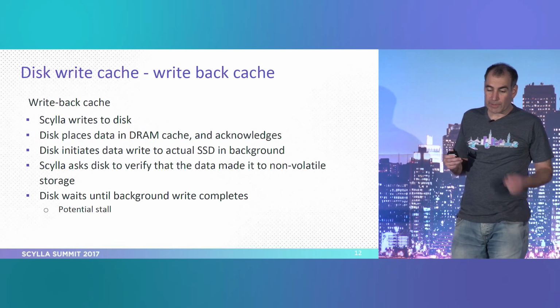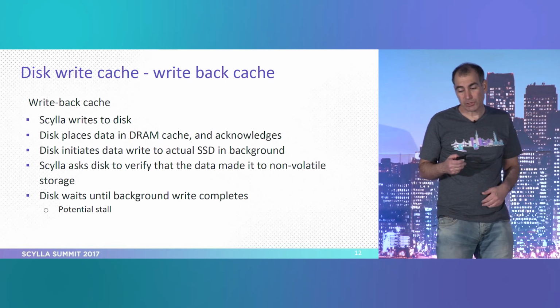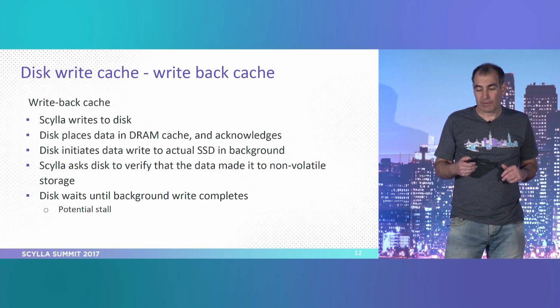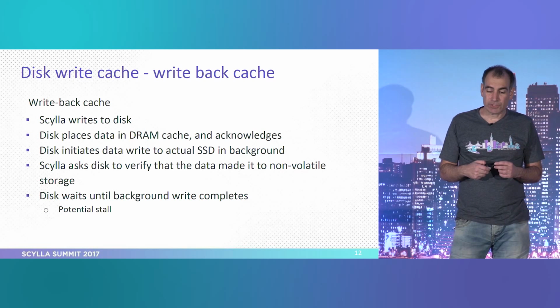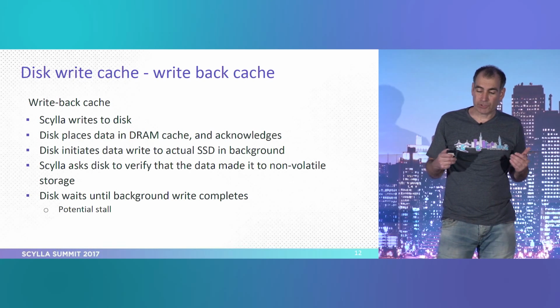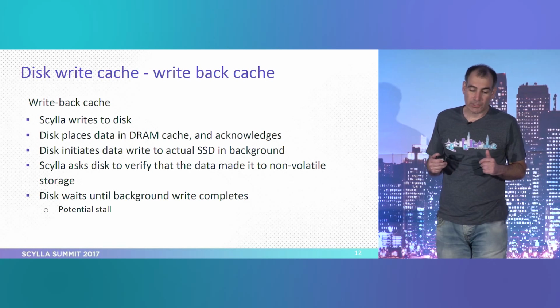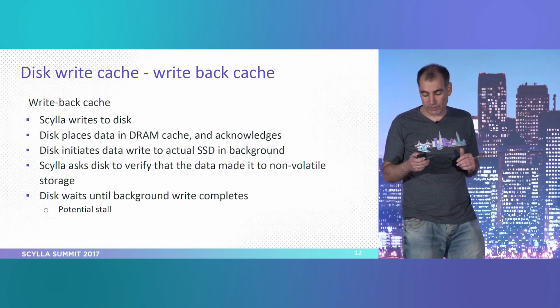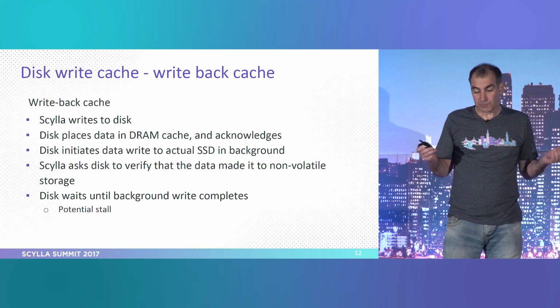Okay, let's switch to the disk write cache. SSDs and regular disks as well have two different types of write caches. There's a write back cache, and there is a write through cache. So let's start by explaining what happens with a write back cache.